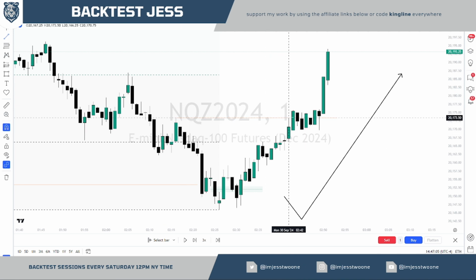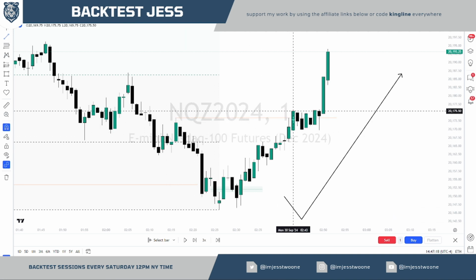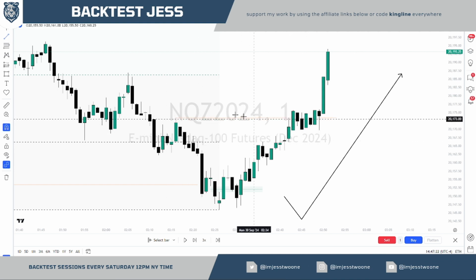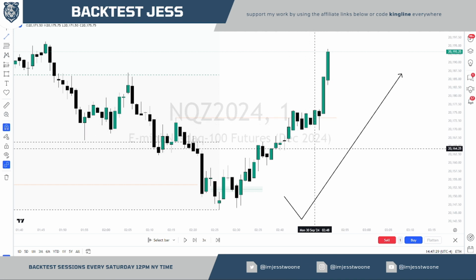If we did not, if we started wicking in this area, let's say we wick there, wick there, wick there, I would be more cautious and I would start to take partials, because this can be that run on buy stops if it doesn't turn into a complete break of structure again. But once we get here and we are holding, we're printing down close candles now and displacing up, this is where I would have tried to add on 100%.